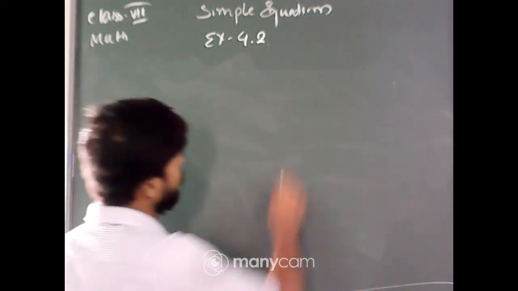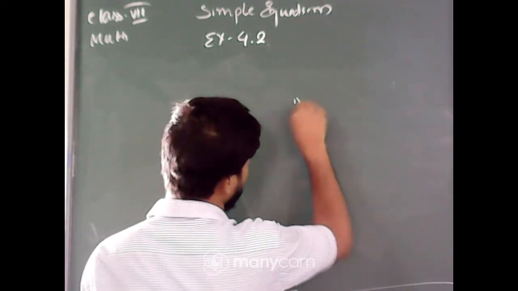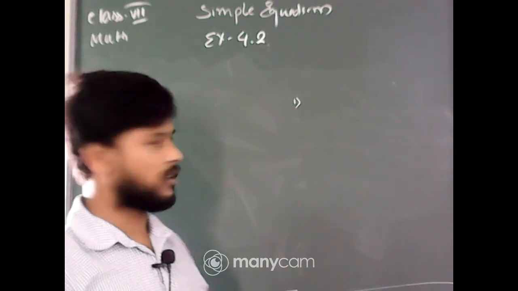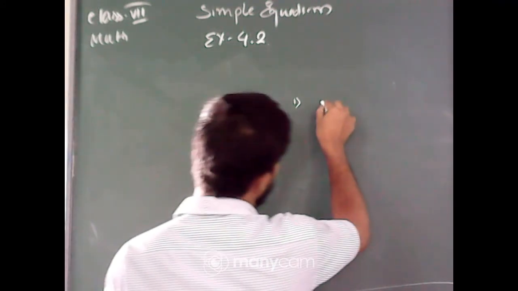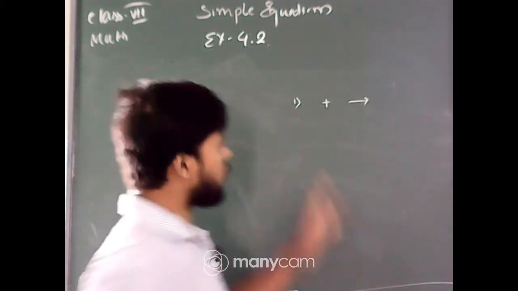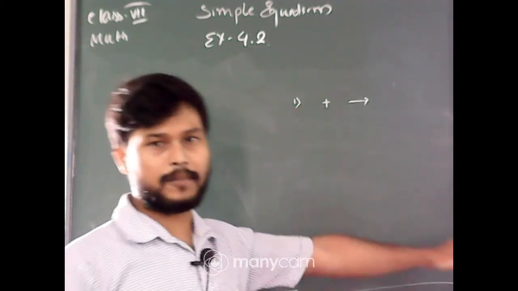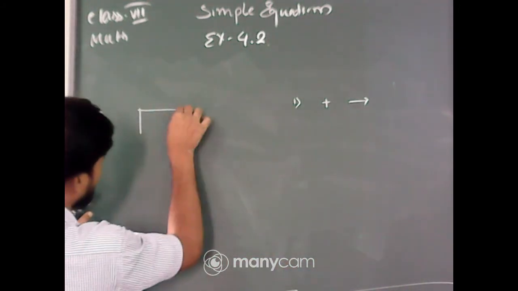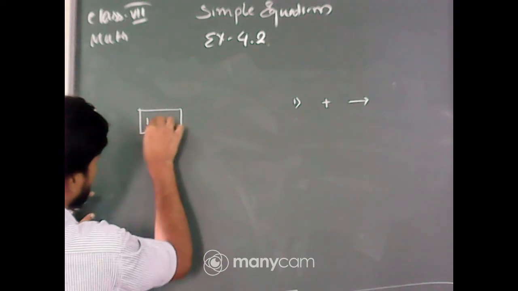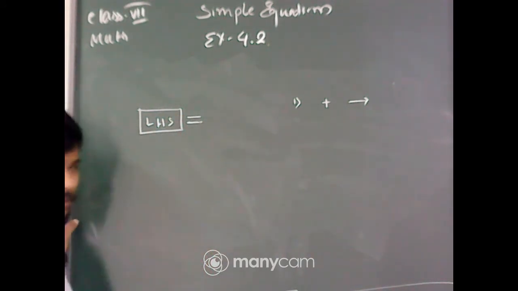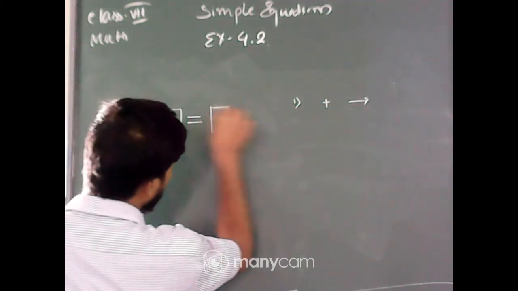Okay. Now to calculate the variable, there are a few rules. Rule number 1, if there is any term in positive sign with the variable, when we move it from left hand side to right hand side, because we know in an equation there are three parts. One part is on the left hand side, one is the equal sign between them, and one is the right hand side.